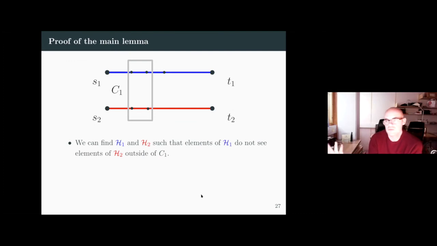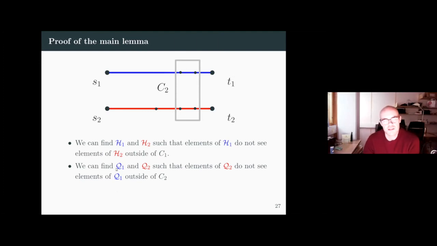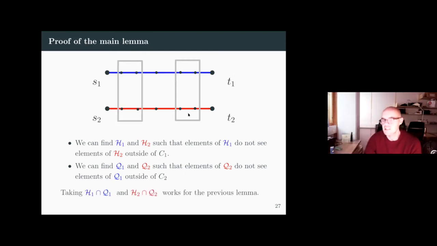Well, what we did before is we said there is a partition and a component so that none of the blue paths sees the red path, apart from the paths in this component. And it's the same thing the other way: you have a partition Q1, Q2 so that all of the red paths do not see the blue path apart from this component. Then if you take the intersection of these two partitions, because every path in the intersection is a subpath of both, you have the right properties. So again, this is more technical than difficult, but this is what it is.